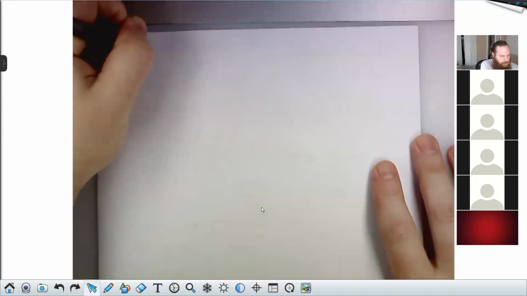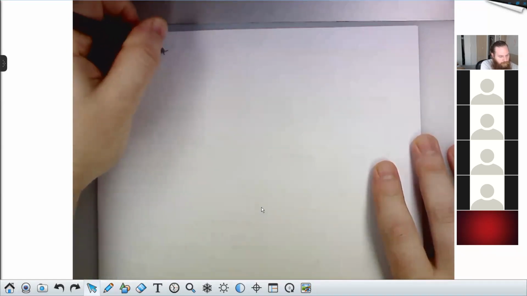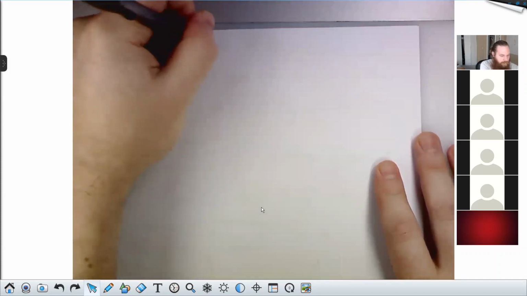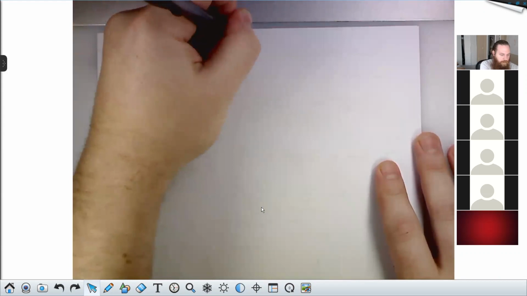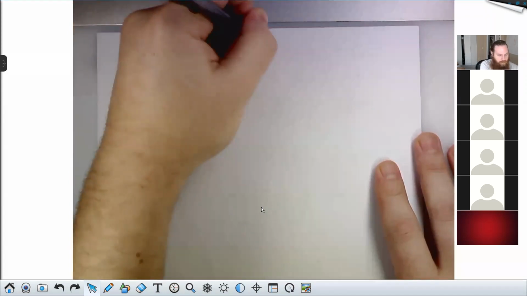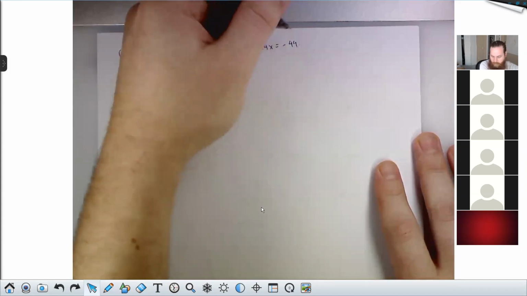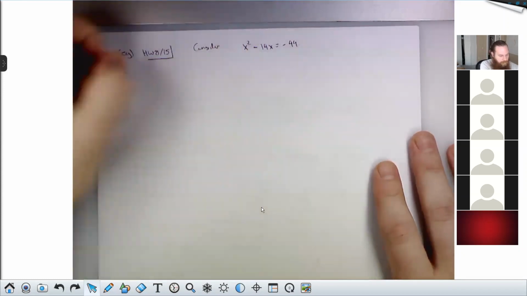We'll see if this pen works. It might die on me and I'll have to go back. So it says, consider the equation x squared minus 14x equals negative 49. They want to do a few things.